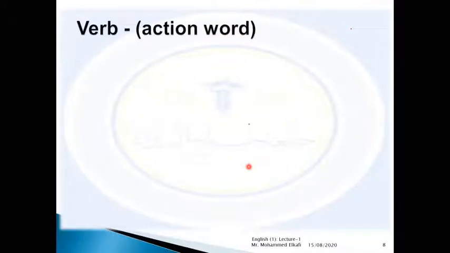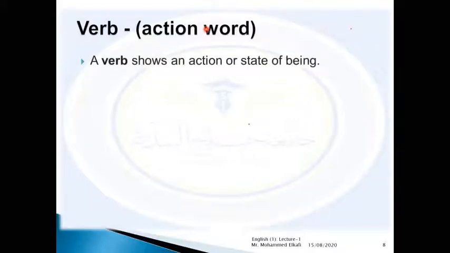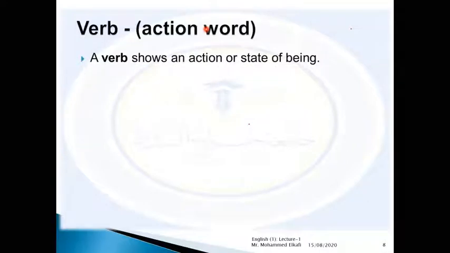What about verb? Verb is also one of the parts of speech of English. Verb is an action word. This is generally it. We can describe a verb by saying that a verb shows an action or state of being.